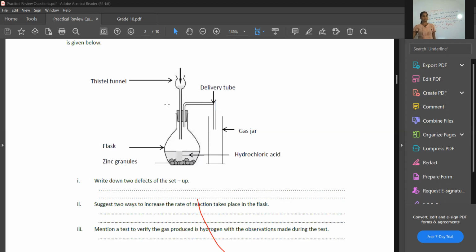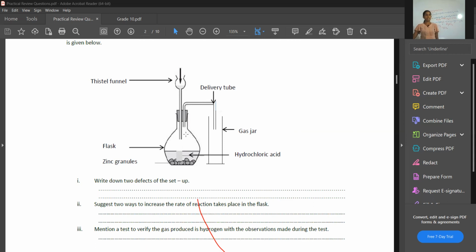Yes, there are some wrong arrangements in the setup. We use a thistle funnel to add the hydrochloric acid, right? So the thistle funnel should be dipped in the hydrochloric acid. We have to correct that one.